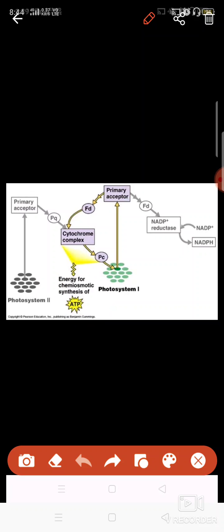When the electrons are passing their energy to other substances, one ATP is formed here.